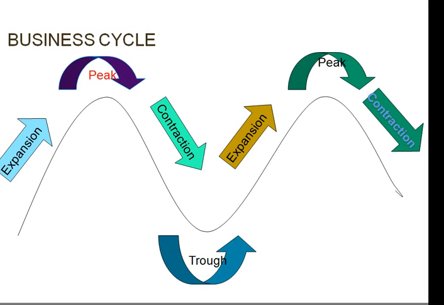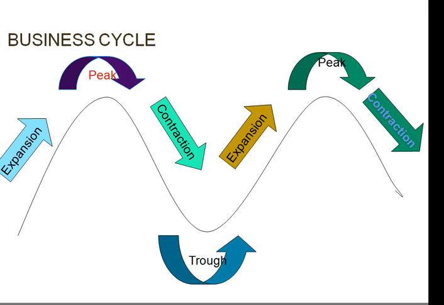Okay, let's have a brief description of the business cycle. This is what the business cycle looks like. It has expansion, where we are increasing economic activities. We are at a peak of our economic activities. Then we are going into a downfall in economic activity. We reach some minimum point which is called the trough, and then again we move upward.